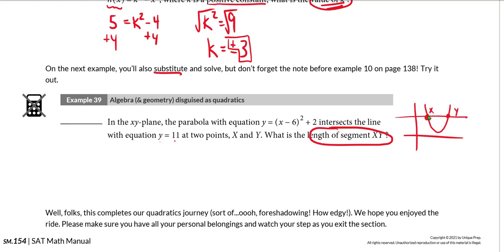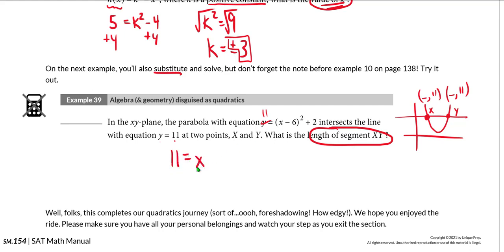So we know that at this point, which is on the line y equals 11, that point on the parabola must have a y coordinate of 11. And this point too on the line has a y coordinate of 11, and therefore on the parabola must have a y coordinate of 11, which means all we need to do here is find the x coordinate, which we can do by substituting 11 for y.